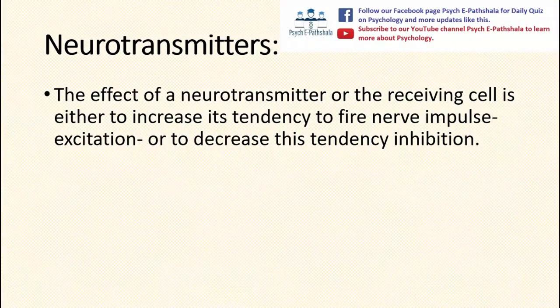The effect of a neurotransmitter on the receiving cell is either to increase its tendency to fire a nerve impulse, which is excitation, or decrease the tendency, which is known as inhibition.